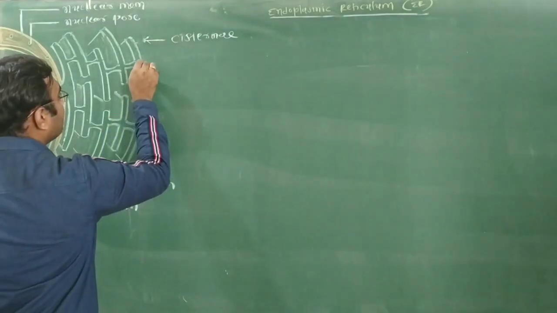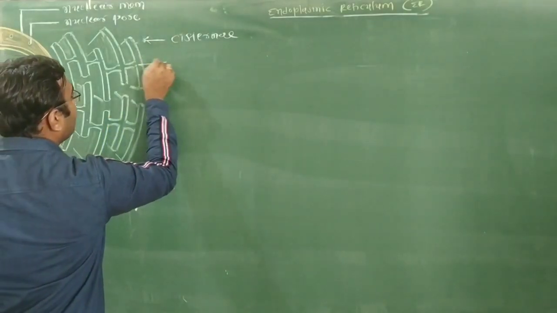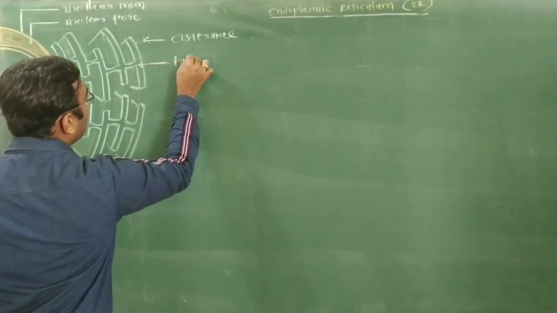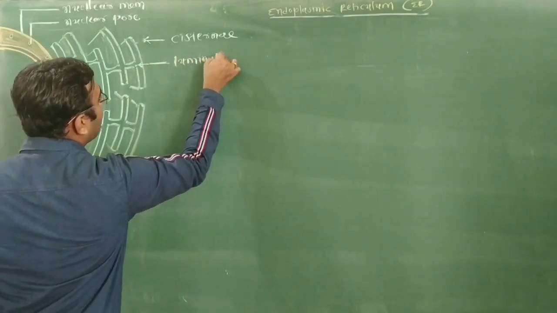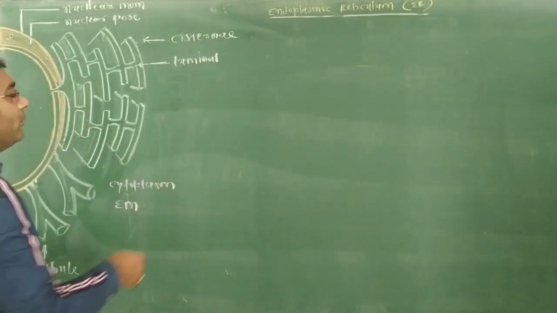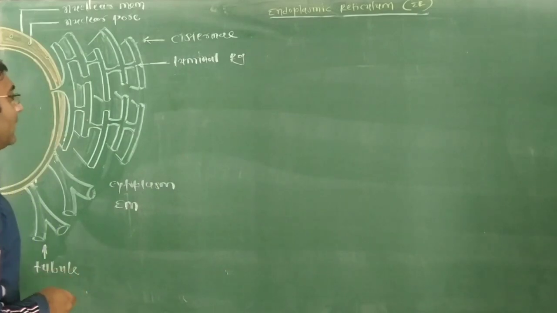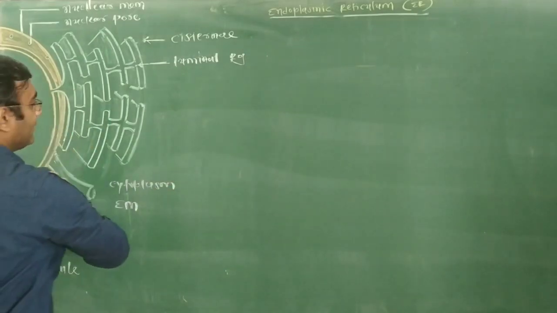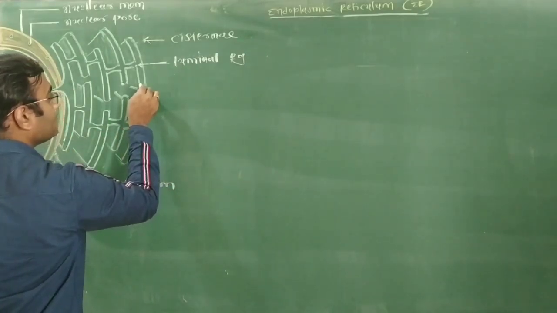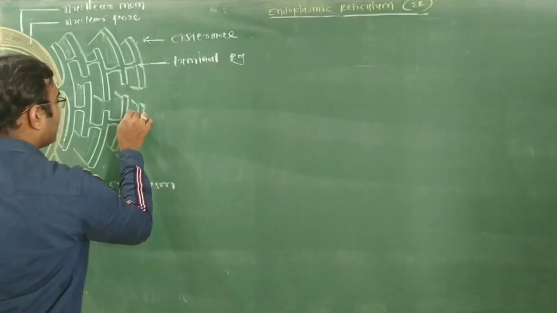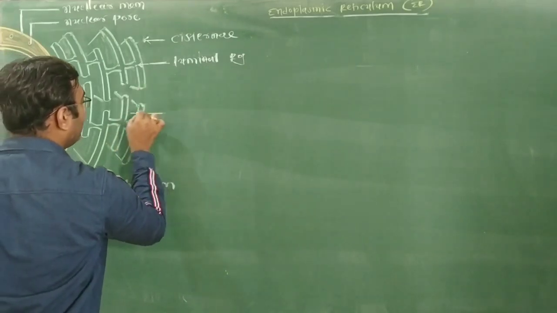The region inside the endoplasmic reticulum is called the luminal region, and the region outside the endoplasmic reticulum is called extraluminal.